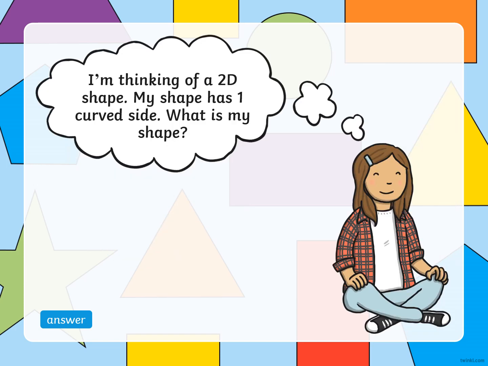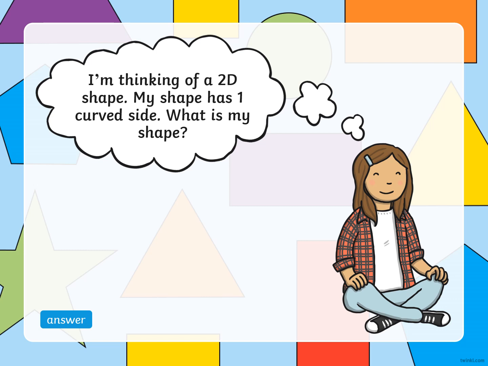Right. Oh, this is a new challenge. Let's see what this young lady is thinking. She's thinking, I'm thinking of a 2D shape. My shape has 1 curved side. What is my shape? Okay, guys, you can pause the video, have a chat, have a think.